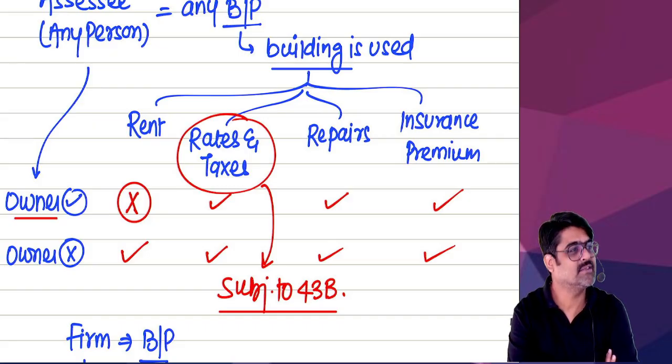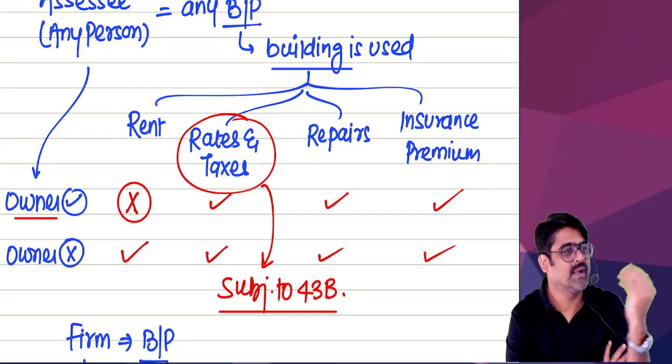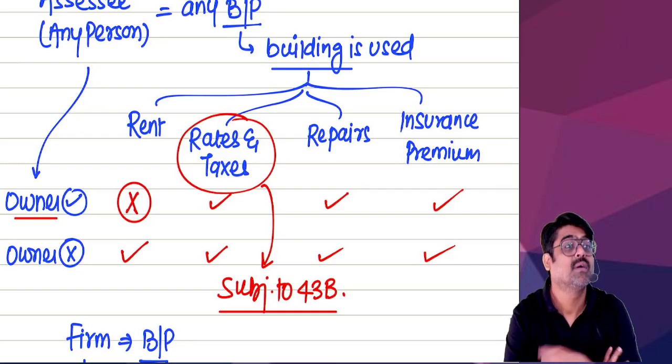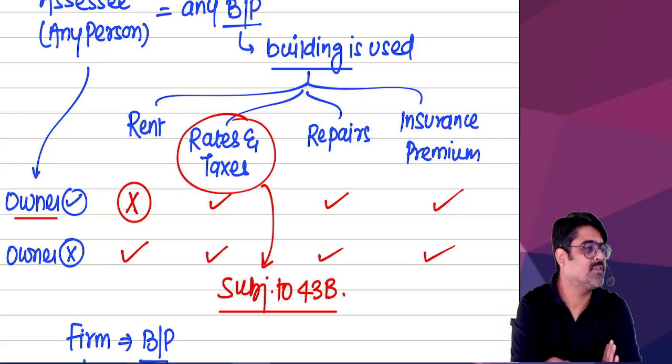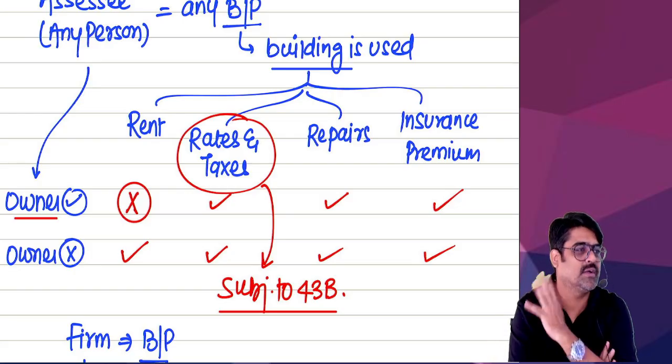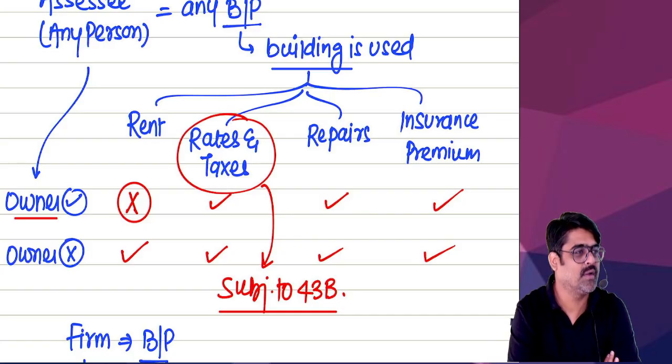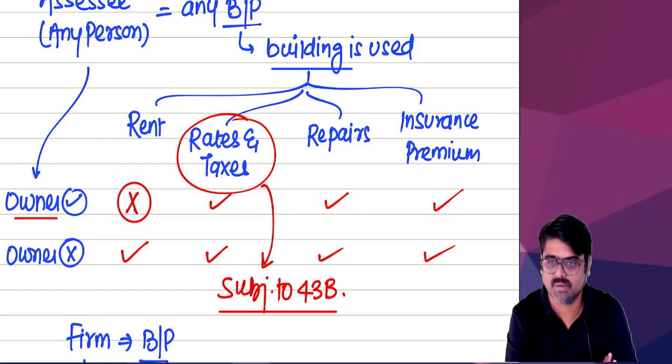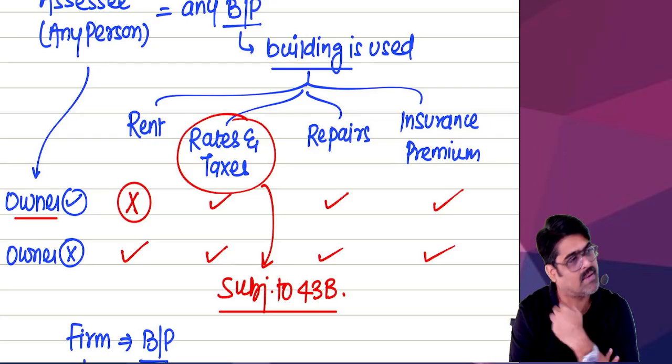Can I do the extension work, addition work and all, even if I am not the owner? I asked the landlord, landlord, please get the extension done, no? Please add some extra space, no? Landlord said, no, I don't have money, I will not do it. If you want, you can do it. I said, okay, no problem. If you don't have any problem, I will incur that cost.